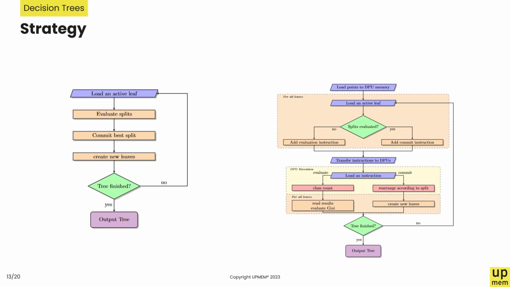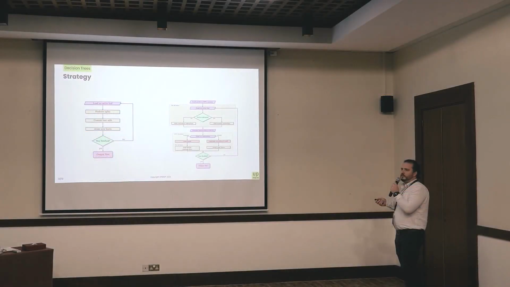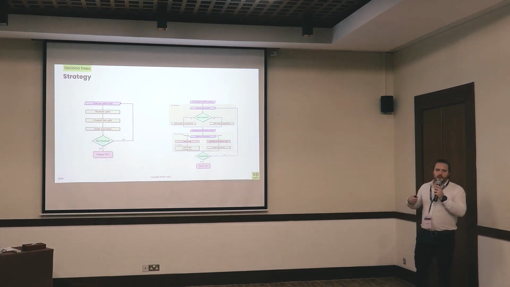If not, we need to evaluate that. If yes, please commit that. When you prepare the list of instructions to send to all DPUs, the DPU does the work on all the leaves, and then results are aggregated, and then you repeat until you split the whole tree. In that case, the host doesn't see the data at all, but is the only one seeing the tree that you're building.